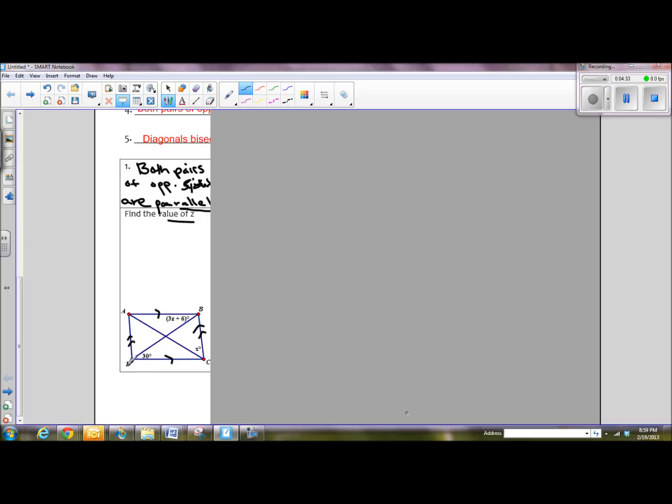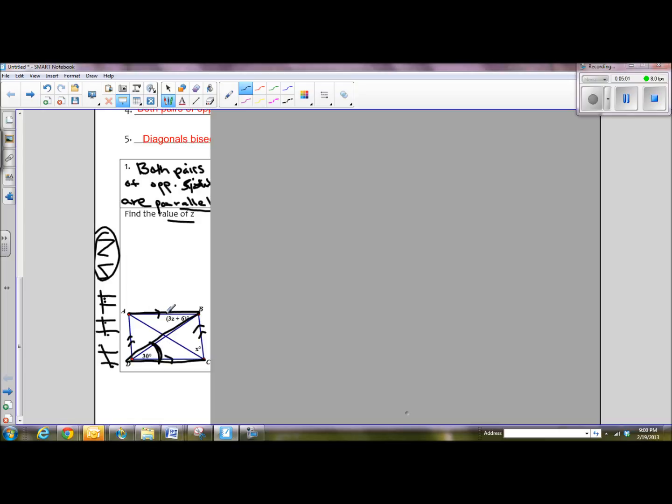And what that ends up doing is creating our parallel line relationships. Remember, we had alternate interior angles, we had consecutive interior angles, we have corresponding angles which won't apply in parallelograms, and then we had alternate exterior angles which also won't apply in parallelograms. So the ones that are important are these alternate interior angles, which you're going to see if we highlight our Z this way.